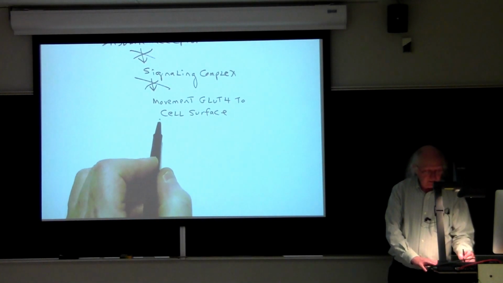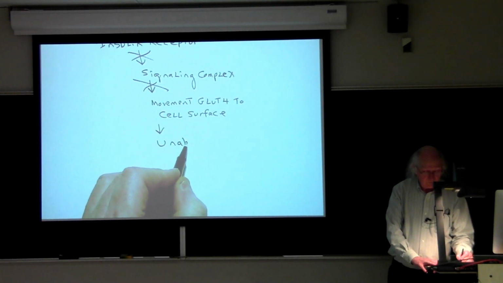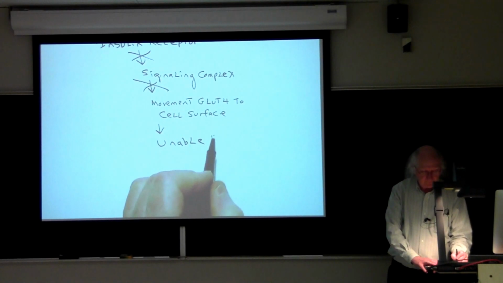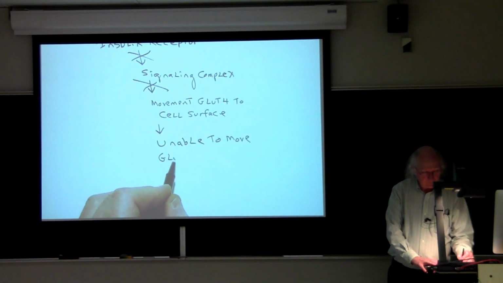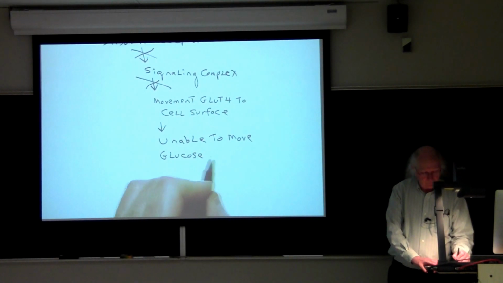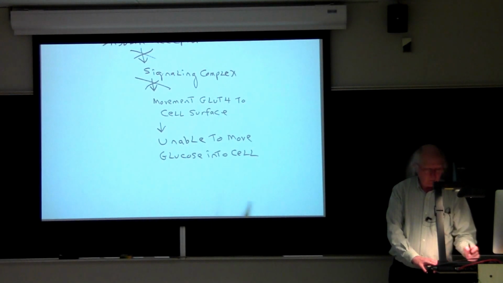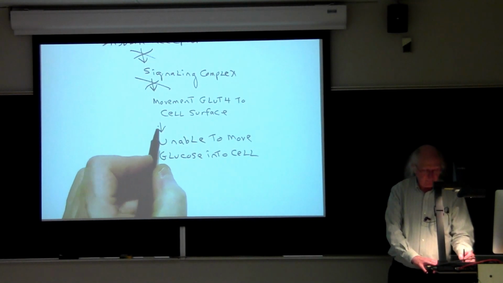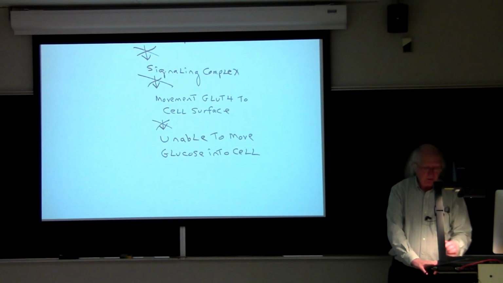Which in turn would mean that the cell would be unable to move glucose into it. This would, of course, be very drastic for the cell. This would not occur. That is, it's not able to move glucose into the cell.